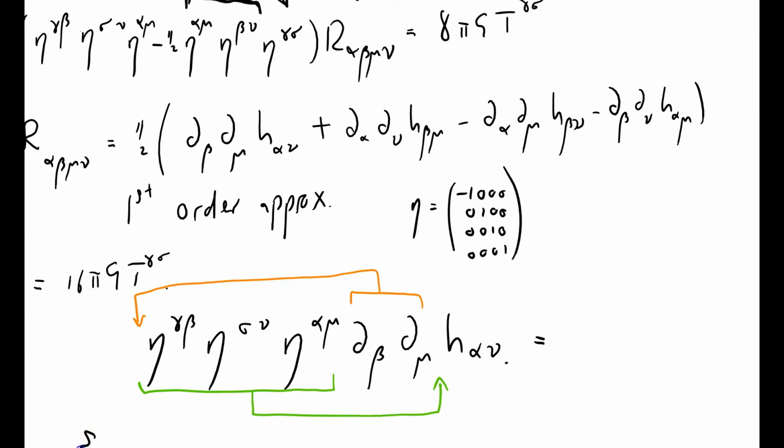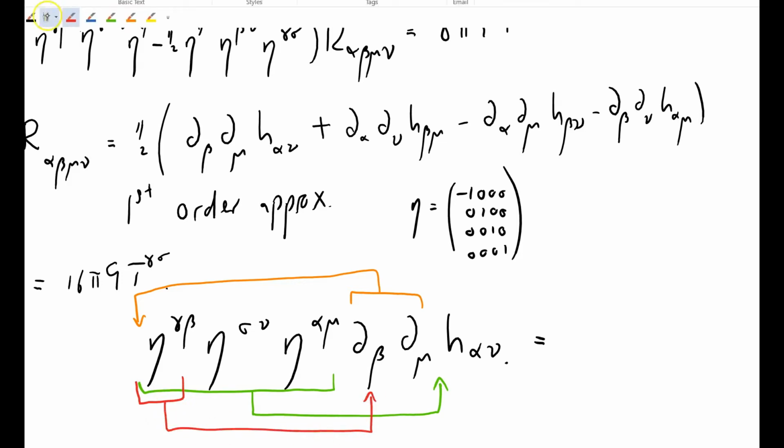Let's have a look at this term. That's a gamma beta. So this term here is going to contract with that operator there to leave me with a partial gamma, by definition. Now what am I going to do? I'm going to contract.